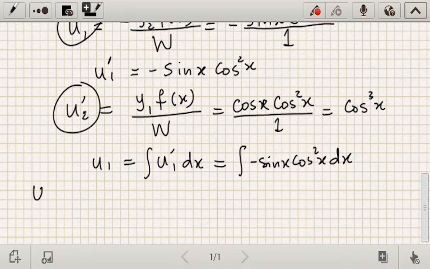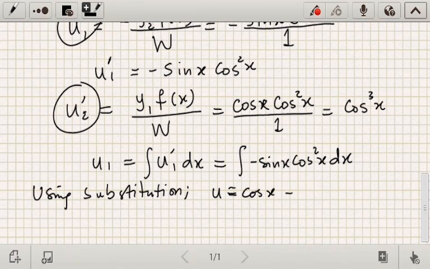So using substitution, we assume that u equals cos of x, which shows that du equals, we simply take the derivative, minus sine x dx.